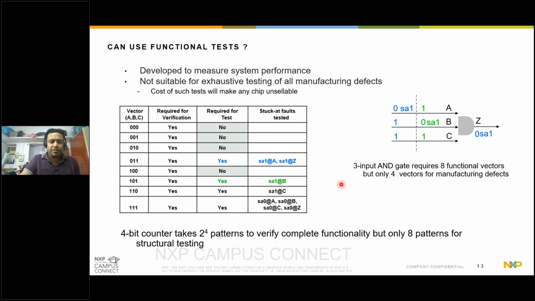And as we discussed in the earlier slide, test time is very important, so I cannot just use all my functional patterns for structural testing. Similarly, a 4-bit counter would take around 2 to the power 4 patterns to verify completely, but for structural testing, I would only need 8 patterns.